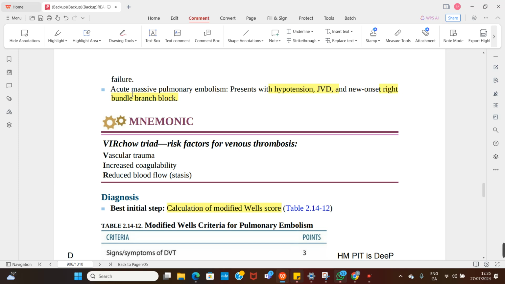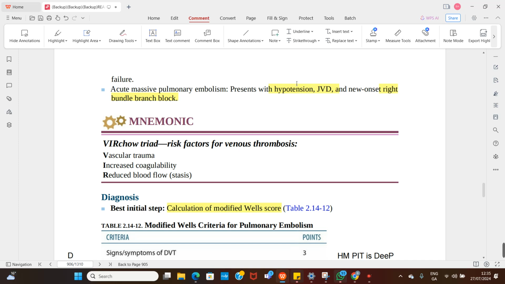An individual can present with massive pulmonary embolism that is causing what we call a saddle embolus, occluding the bifurcation of the central pulmonary vessel. An embolus at that point is very massive, and in addition to the sudden onset chest pain and difficulty in breathing, you are going to have hypotension.